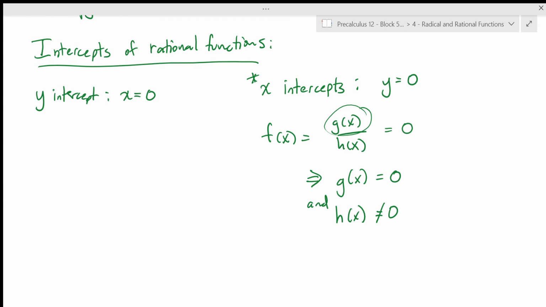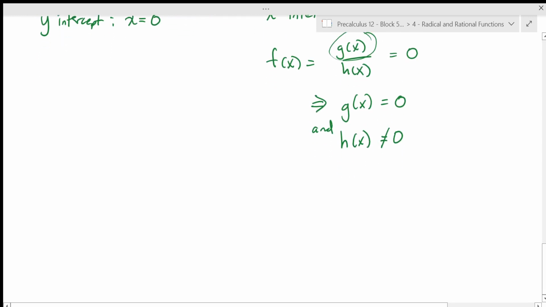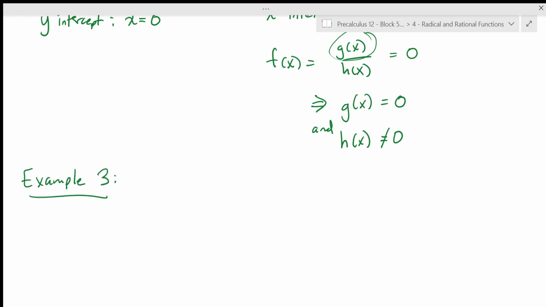Okay, so let's see how we would find the intercepts of a rational function versus any other type of function, just to make sure we're okay with that. So we're going to find intercepts for f of x equals x squared plus 1 over x cubed minus 2x.